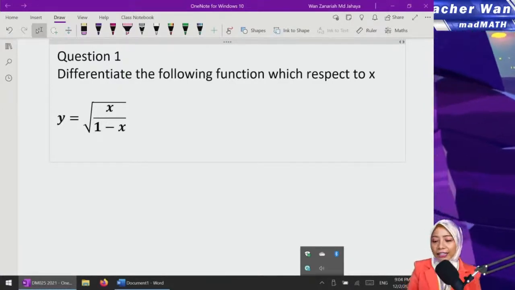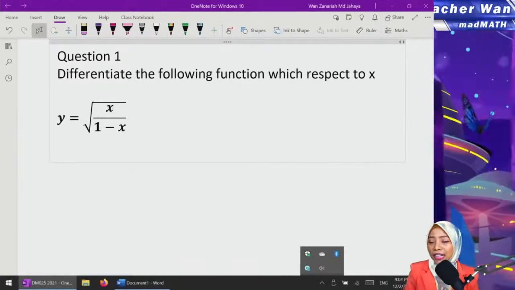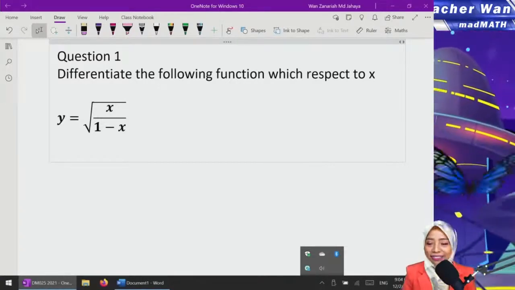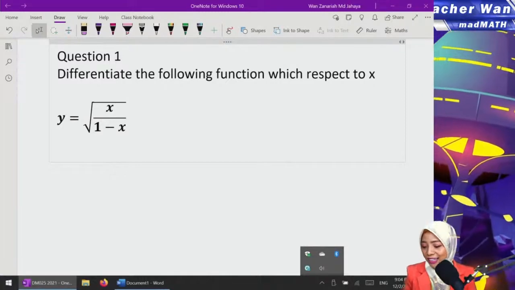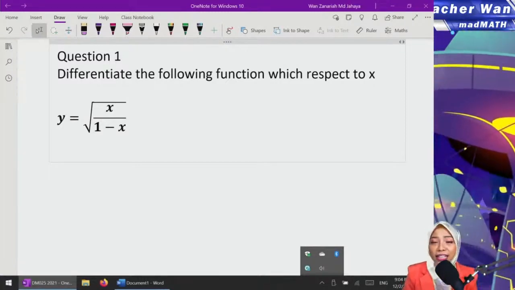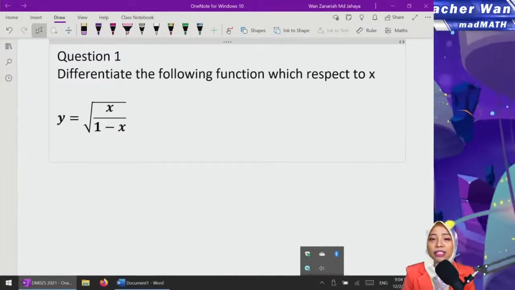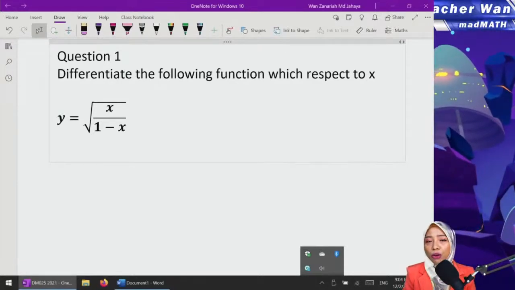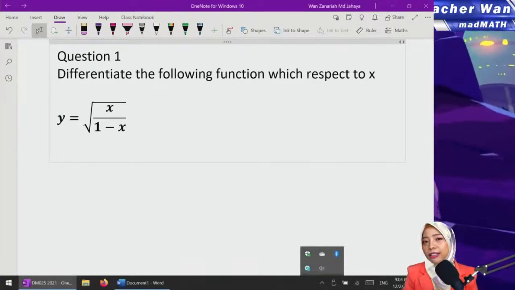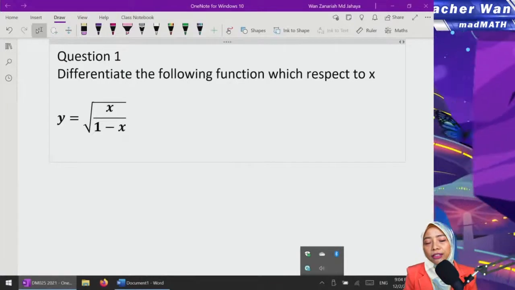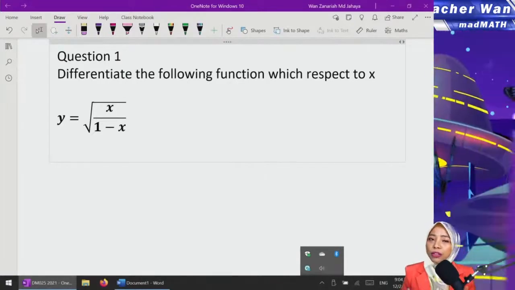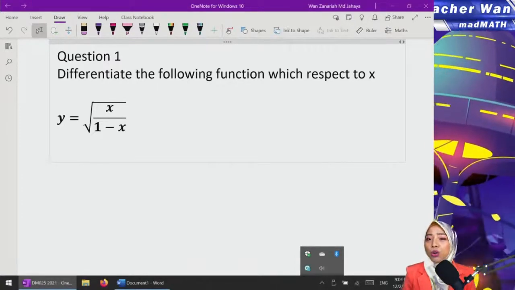All right, without further ado, let's look at the question. As I mentioned earlier, we are going to cover two subtopics, which consist of simplifying the quotient and the chain rule. I'm pretty sure that in this two-week lecture, you have mastered it.